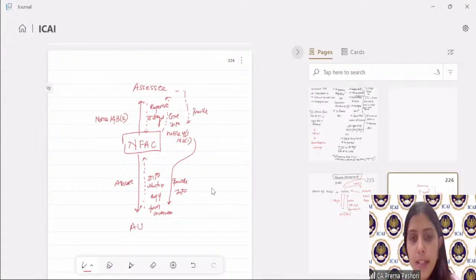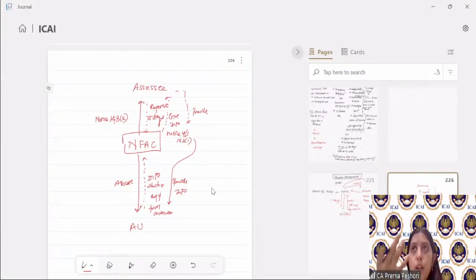Now, it is possible that the AU is feeling that this information requires some verification, and that help is required from another assessing officer also. So under this particular scheme, they have set up a verification unit also, which carries out further inquiry, does the cross verification, the examination, and issues the summons for inquiring.